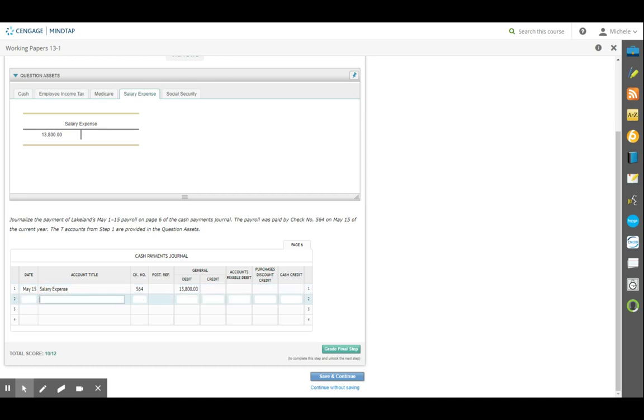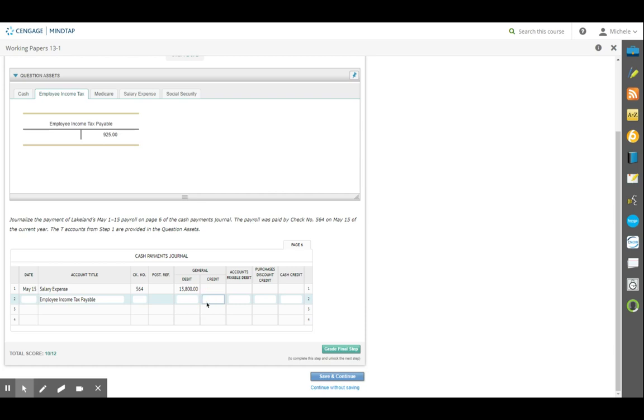Okay, next we're going to go in order that we did our T accounts. So the next one we want to look at is our employee income tax payable. That's right here. We're just going to list that one out. And we don't have a check number. We don't put a date because it's part of the same transaction. That one was a credit.